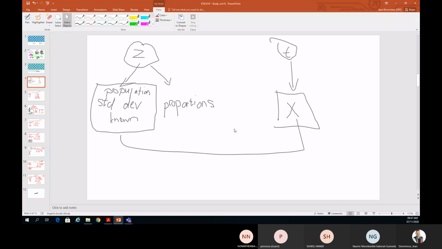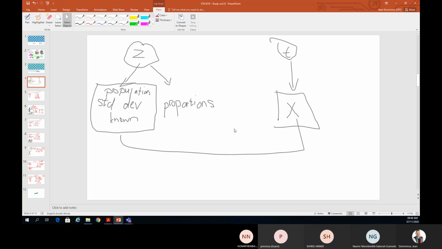If the population standard deviation is unknown, we will use the T. And with the T, we need to know how to work out the degrees of freedom. The degrees of freedom is n minus 1.